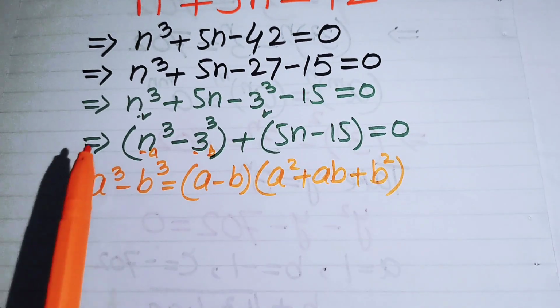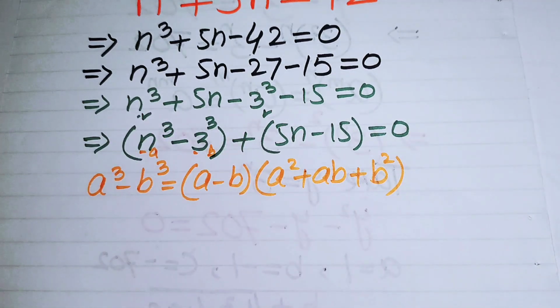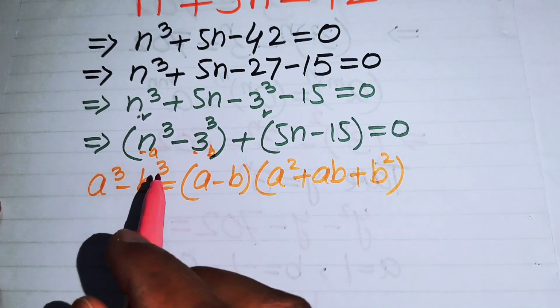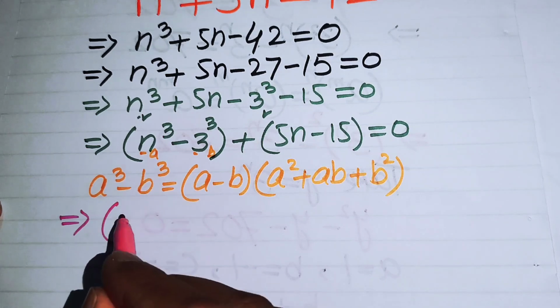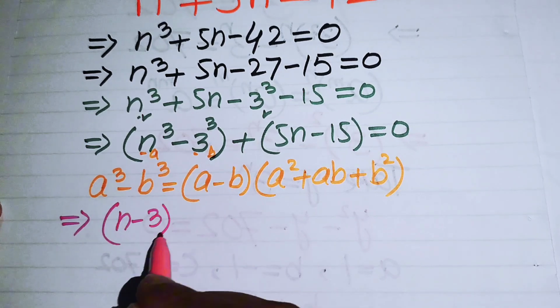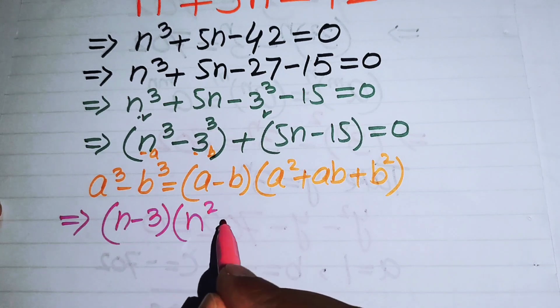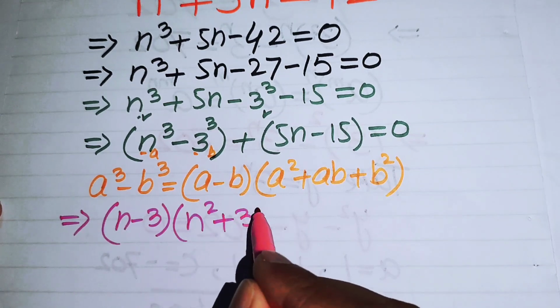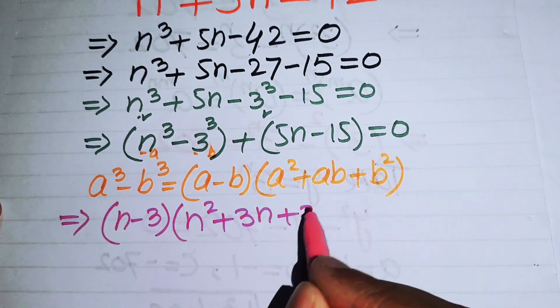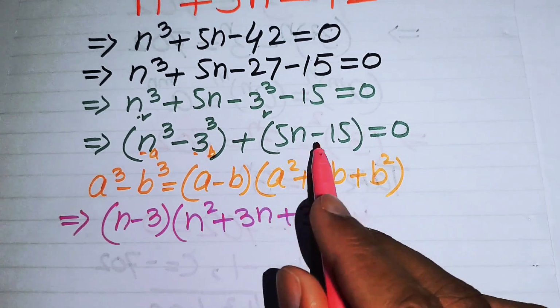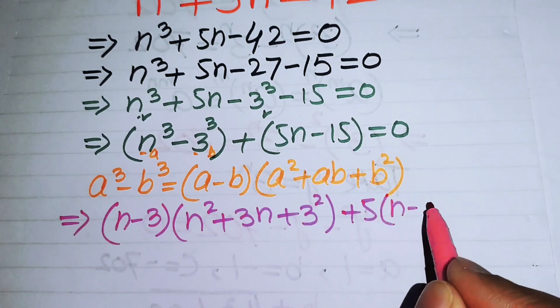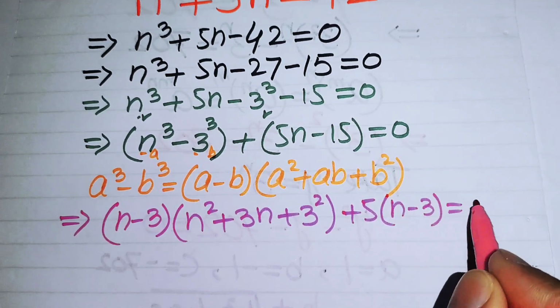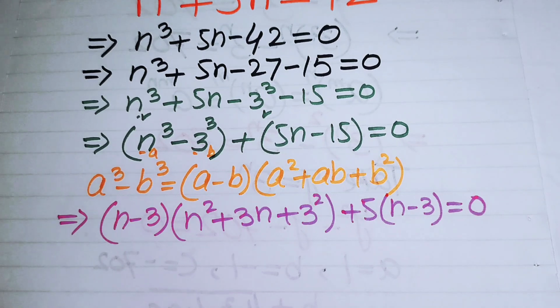So now you put the values of a and b in this formula, and you will get the output of the above expression in this form. We will get n minus 3 times n squared plus 3 times n plus 3 squared, and here we take common 5 and you will get 5 times n minus 3, and this whole equals 0.